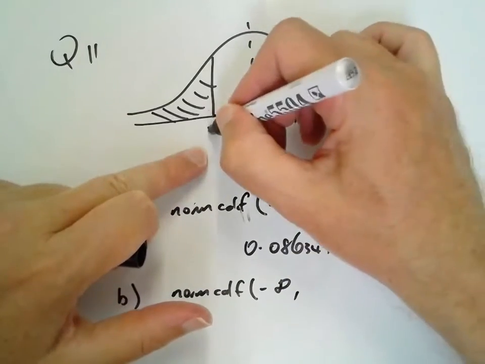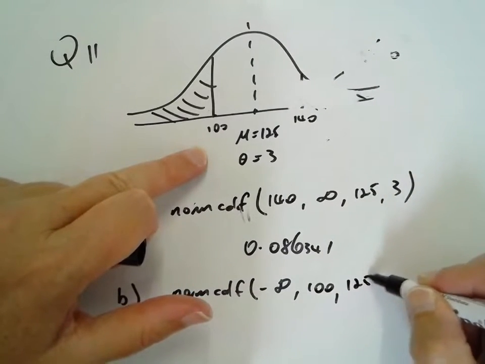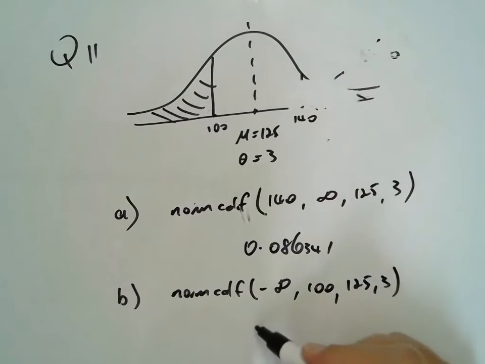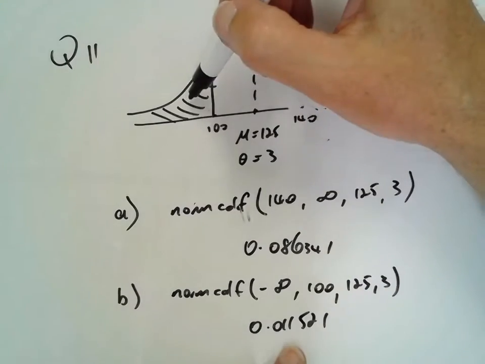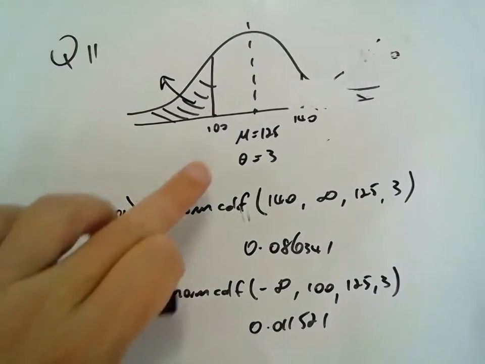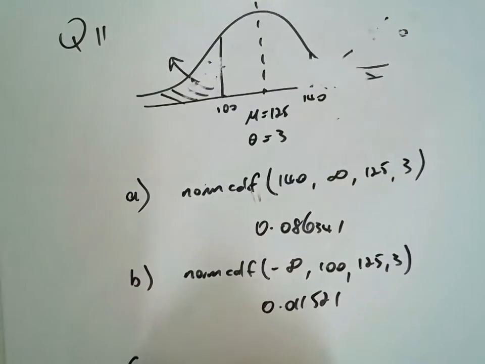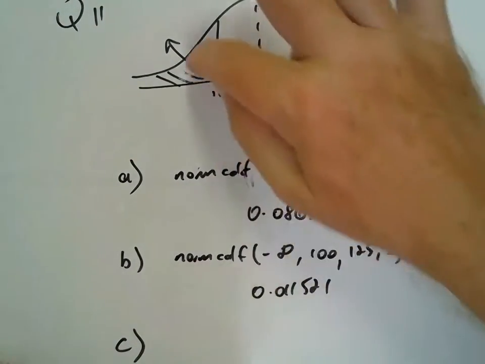Top boundary was 100 hours. Mean was 125. Standard deviation 3. Straight on the calculator, and I think it's 0.011521. So that's even less than before. There's not many light bulbs that are duds, is there? Less than 100 hours.